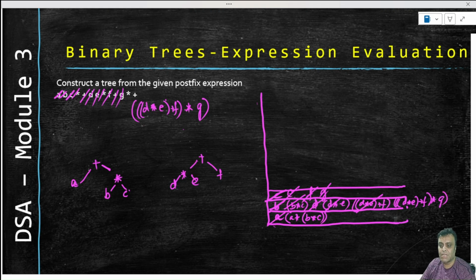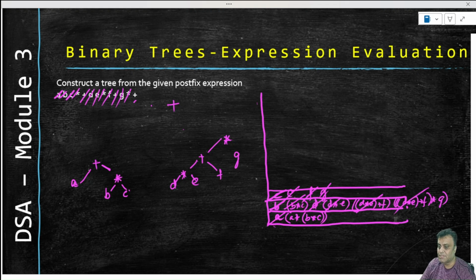We have pushed it into the stack, so we have to take this star G root. So star G means that this is my star G. Right, so that takes care of my subtree building. Now the next step is my star is done, so I have to just say plus. So I have got plus, so I'll keep plus here.